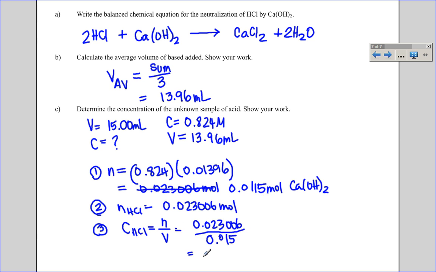And the concentration of the hydrochloric acid is 1.53, limited to 3 significant digits by the concentration of the calcium hydroxide.